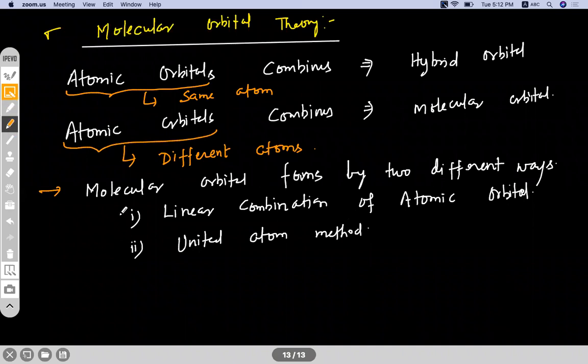Of these two, the united atom method is not in our syllabus; we only have to study linear combination of atomic orbitals.